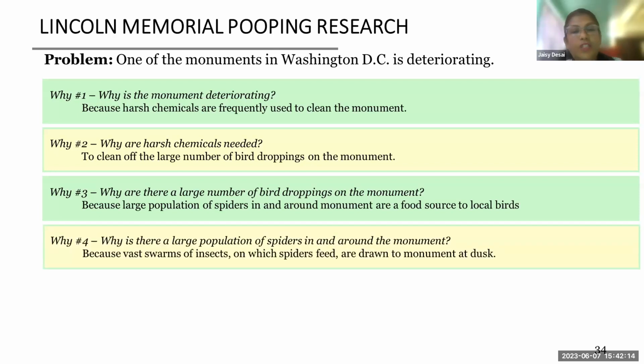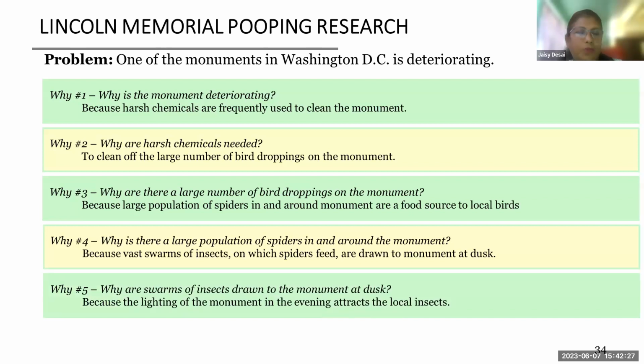Why is there a large population of spiders in and around the monument? Because there's a vast swarm of insects on which spiders feed, which are drawn to the monument at dusk time. And the spiders feed on the insects. And why are there swarms of insects? Because the lighting of the monument in the evening attracts the local insects.